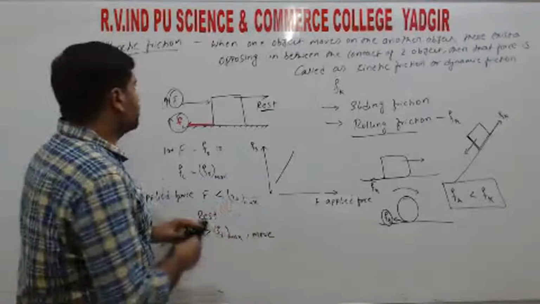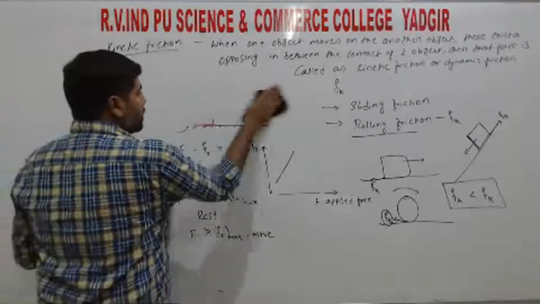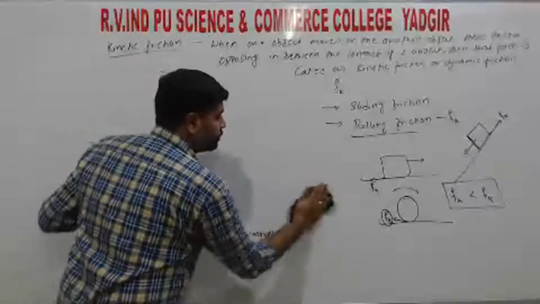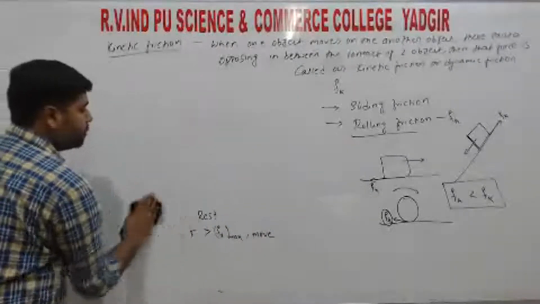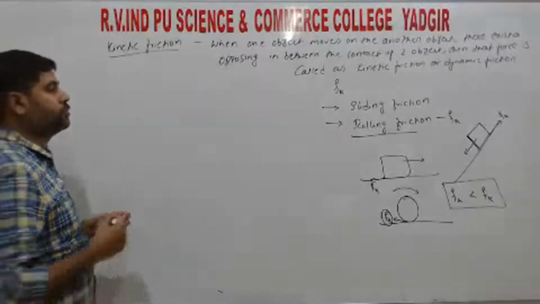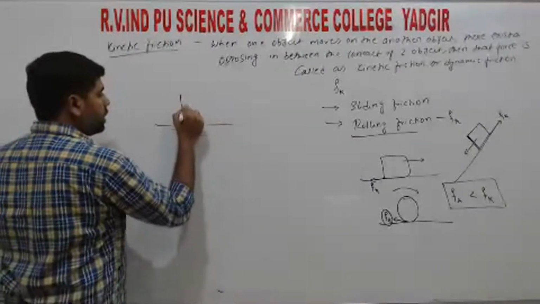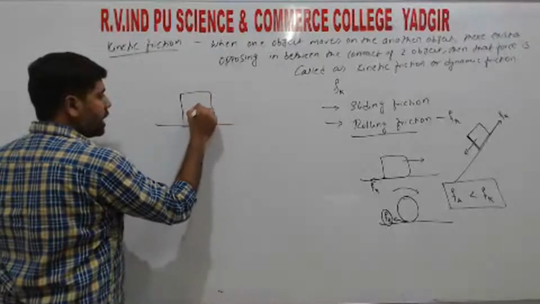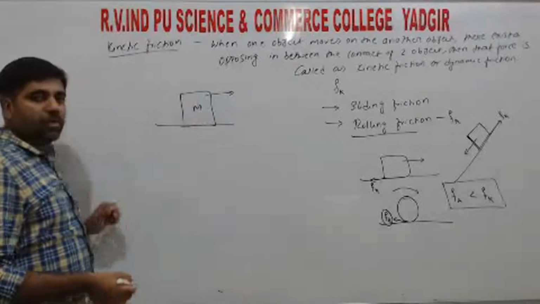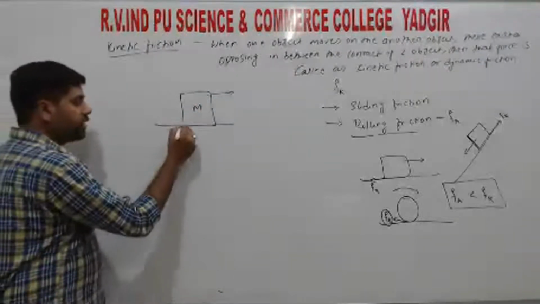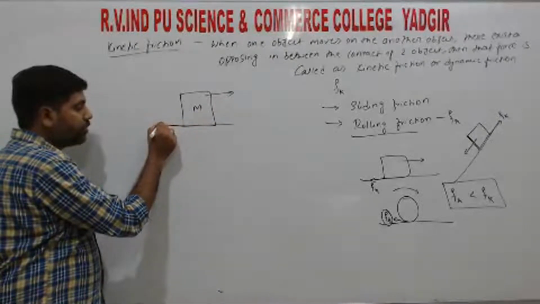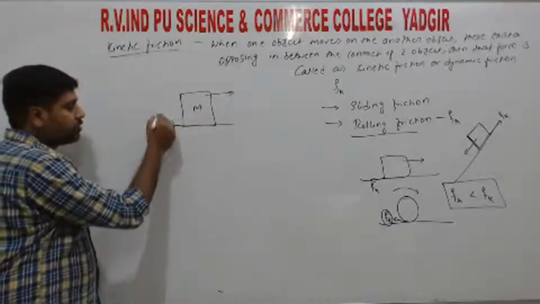Again, the laws of kinetic friction. Consider one object having mass m moving with some velocity, right? There exists a friction, always in the direction opposite to the moving direction.